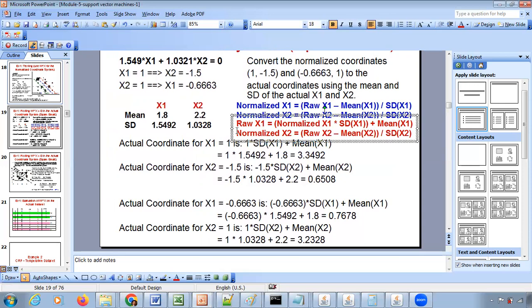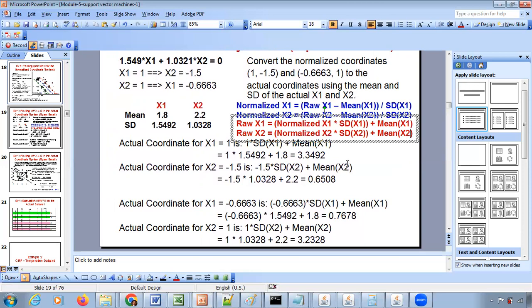Same thing for raw x2 as well. The raw x2 is going to be the normalized x2 times the standard deviation of x2 plus the mean of x2.